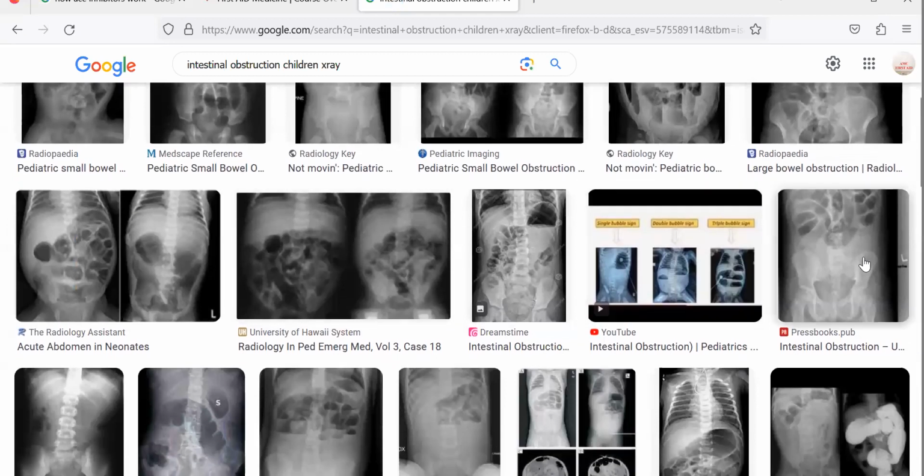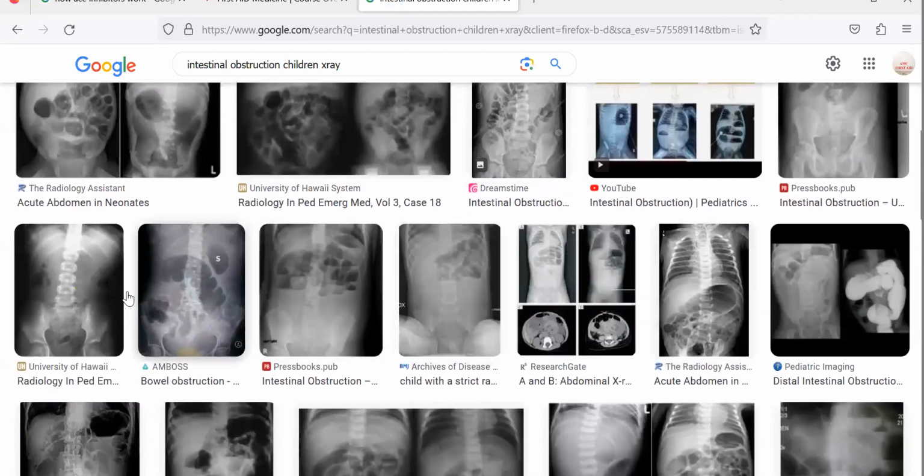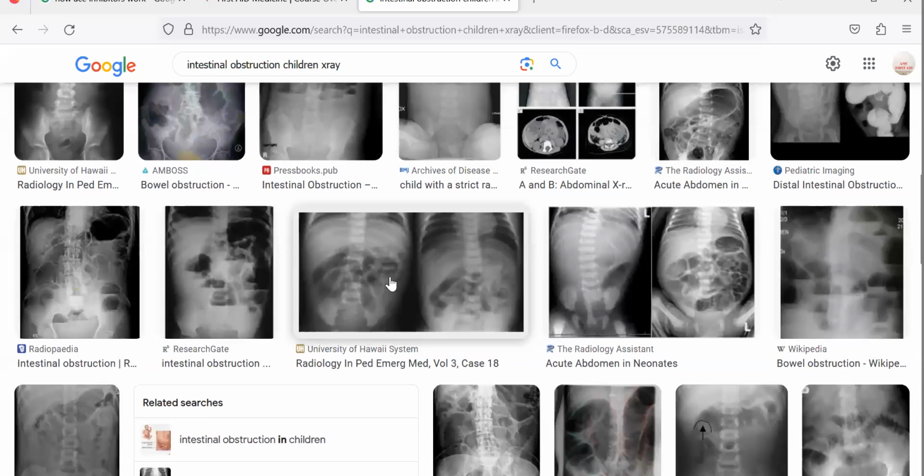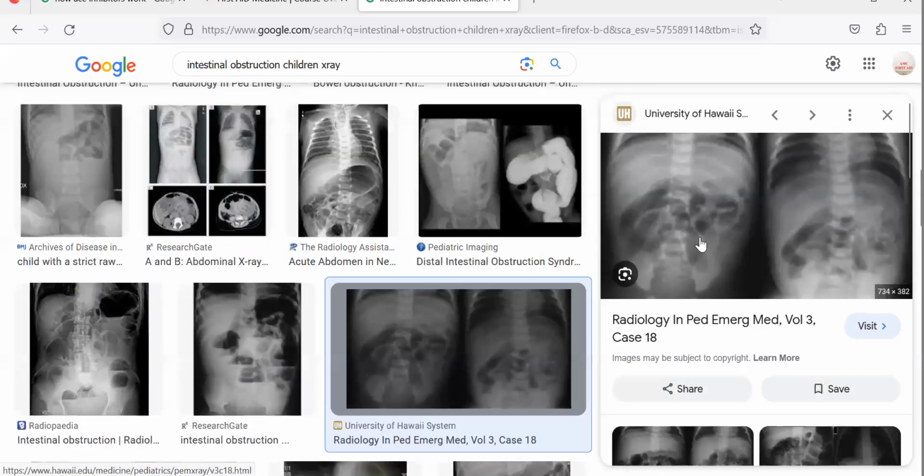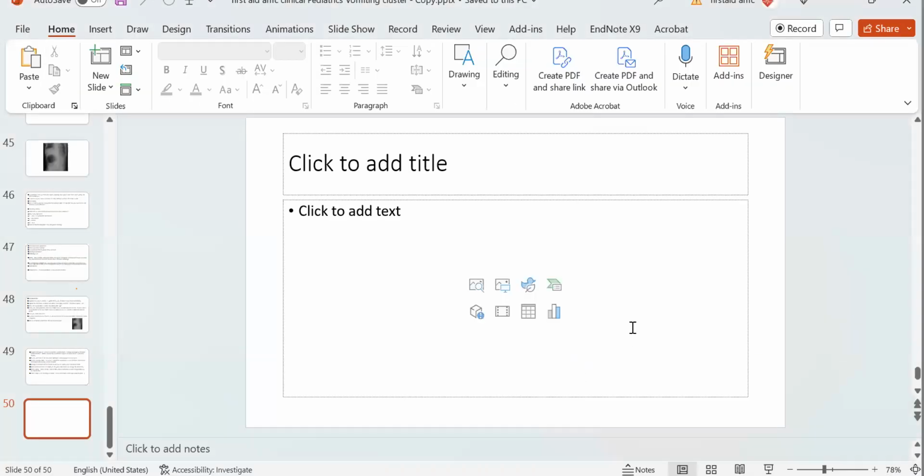So you can get any of these dilated loops of bowel like this or any of this. So the diagnosis will be, if the central part of the tummy is having the dilated loops of bowel, that's a small bowel obstruction. If you're not sure whether it is small or large bowel, the diagnosis you can give is intestinal obstruction.